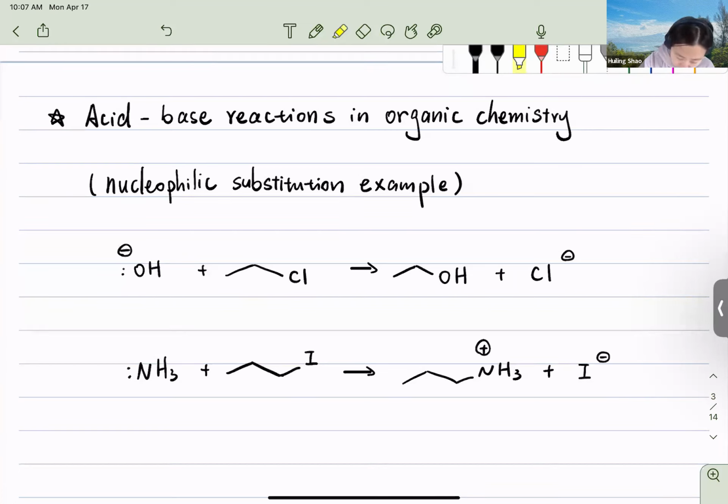So here, what we can see is the OH minus, apparently oxygen, has a lone pair, so it acts as a nucleophile or a Lewis base. And on the right-hand side in the alkyl halide, because the chlorine is more electronegative compared to carbon, this carbon here is more electrophilic.